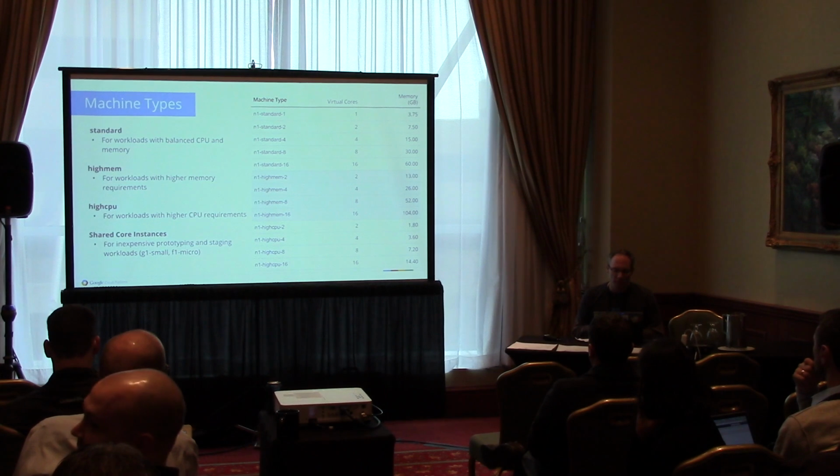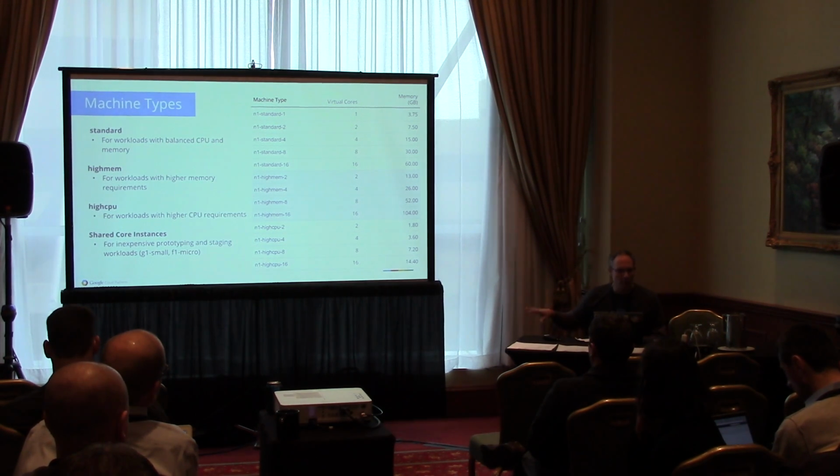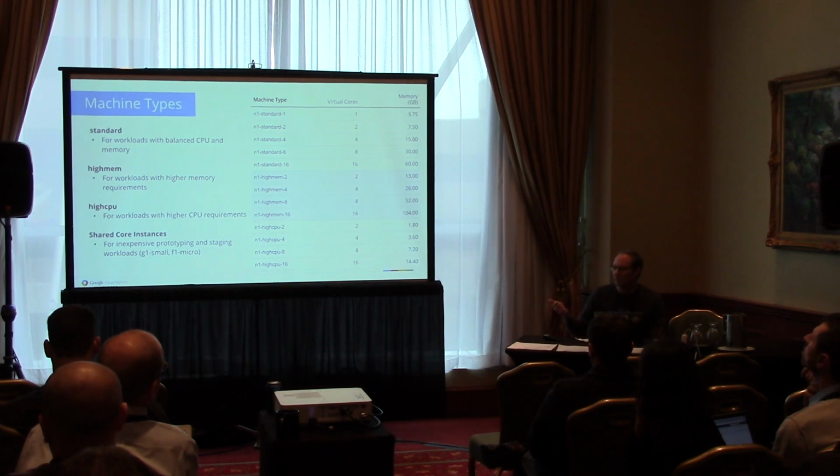There are the high-mem distributions in that middle band, so again 16 cores and 104 gigs of RAM if you need it. Then we also have high CPU, low memory requirement, so 16 cores with just 14 gigs of RAM. And down in the lower left, I've got shared core instances. If you wanted to do some quick and dirty prototyping or small things that you don't really care about in terms of performance, we can go down. I think they go down to about half a gig of RAM, and it's a shared, single core. So those are available to you as well.